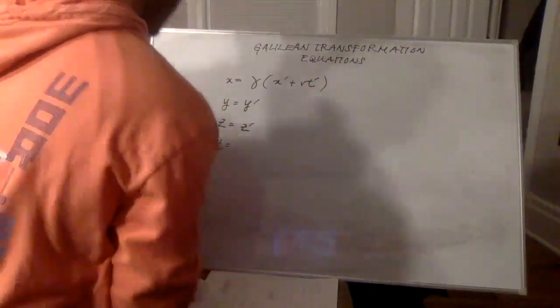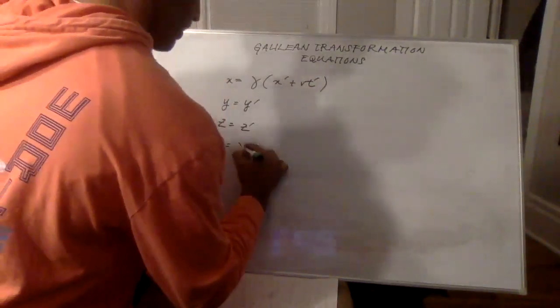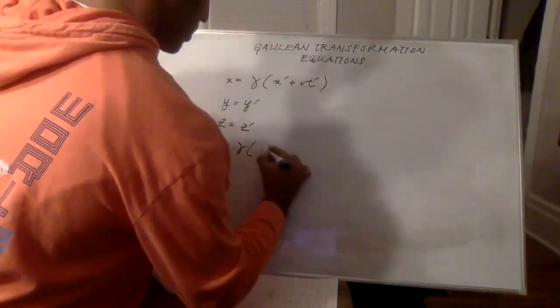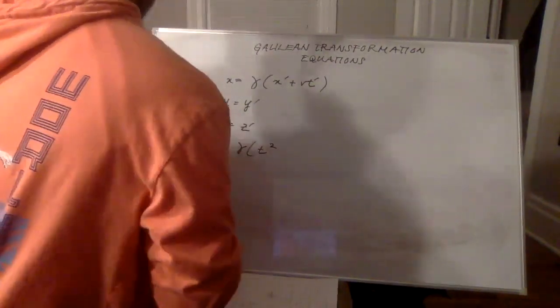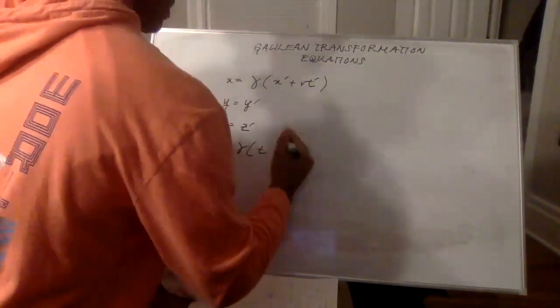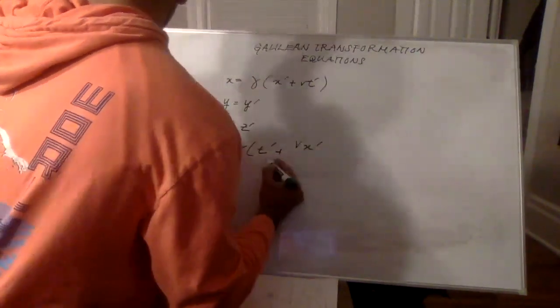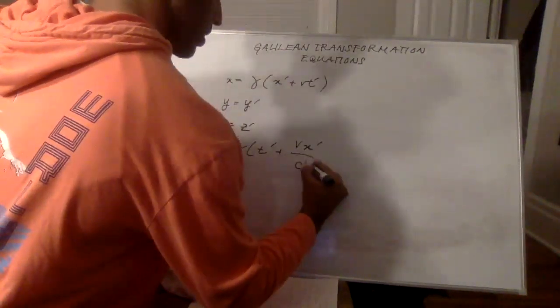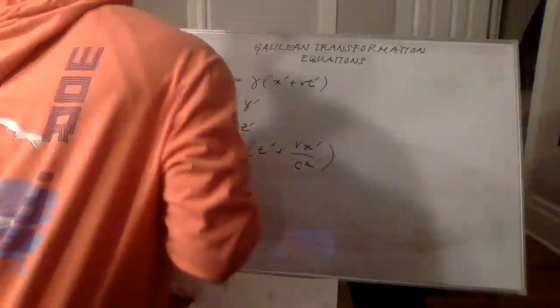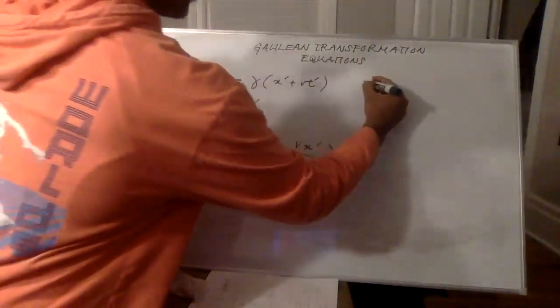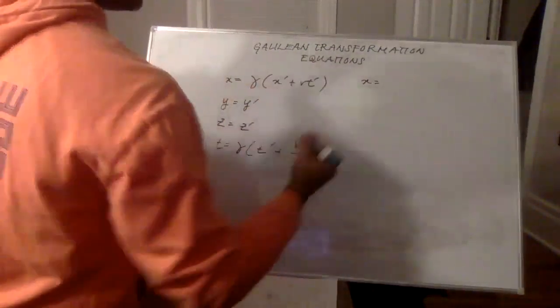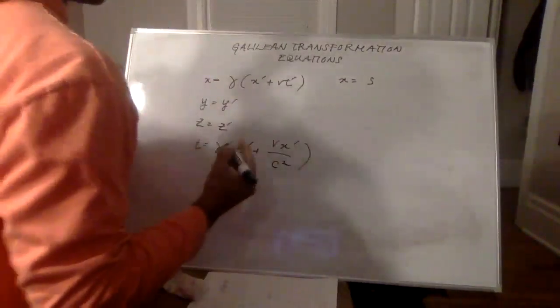And our time is also a little weird, where t equals gamma times (t prime plus v x prime over c squared). Remember, x is always in reference to S, which is our non-moving reference frame.